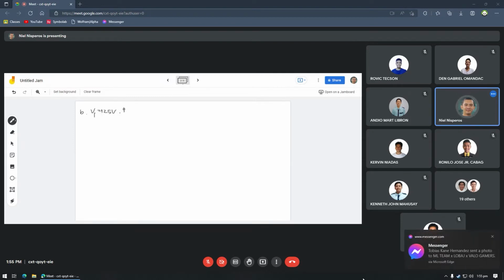And then R1 equals 20 ohms, R2 is equal to 100 ohms, and then R3 is equal to 50 ohms.